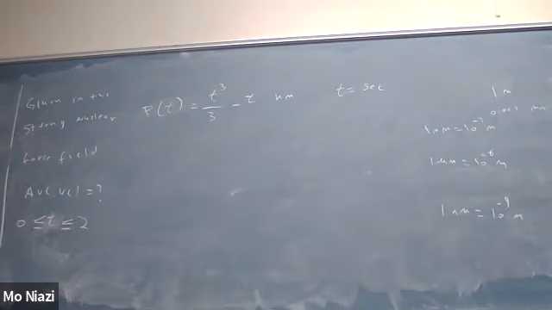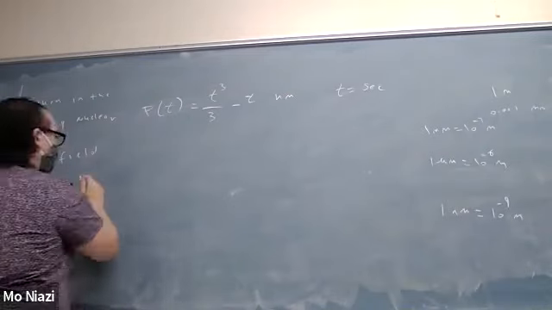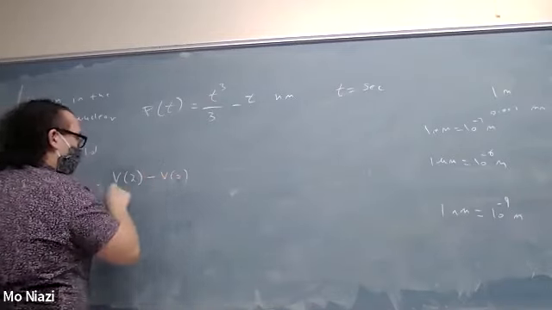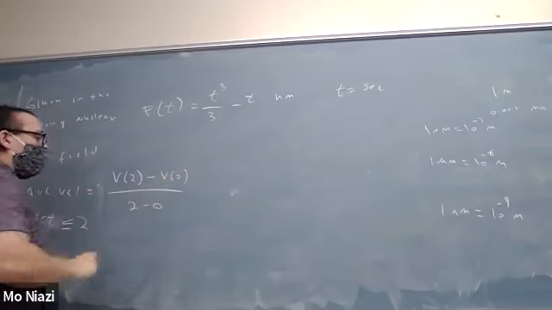Remember, average velocity is different than instantaneous velocity. Average velocity is equal to v of 2 minus v of 0 all over 2 minus 0.